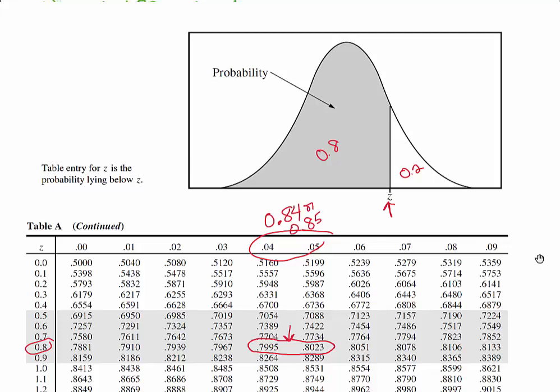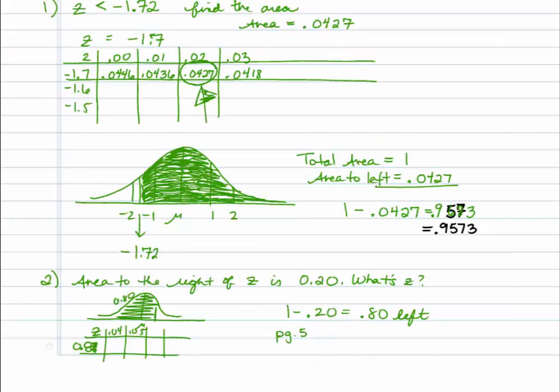I see 0.04 and 0.05 are the closest. 0.04 is 0.7995. 0.05 is 0.8023.